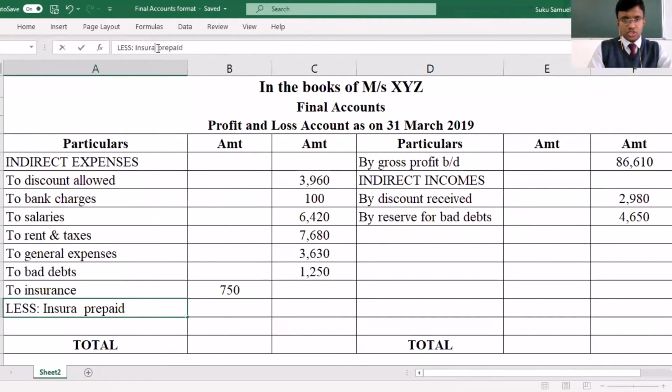Insurance prepaid is 50. So 750 minus 50, the total will work out to be 700.